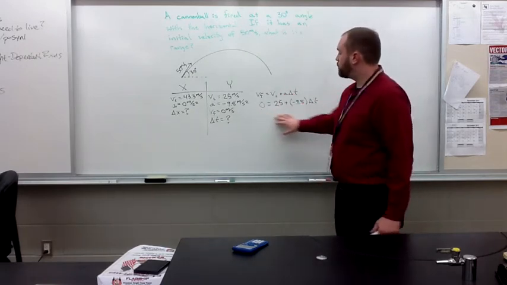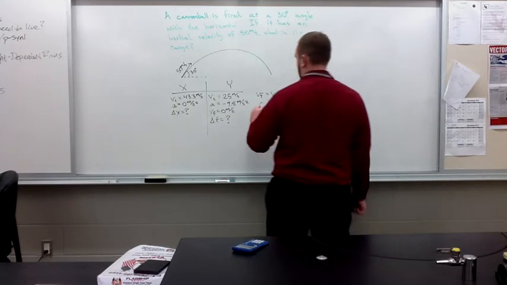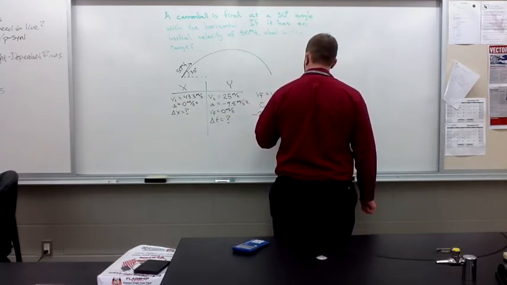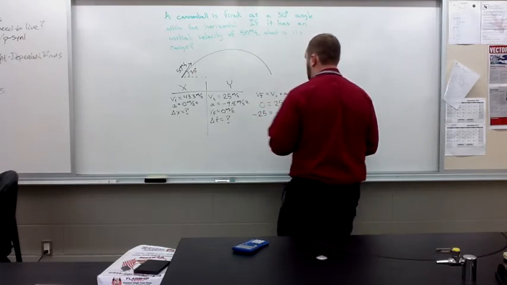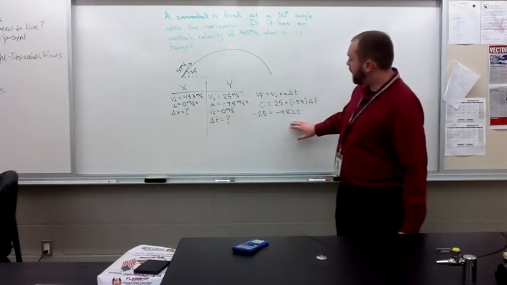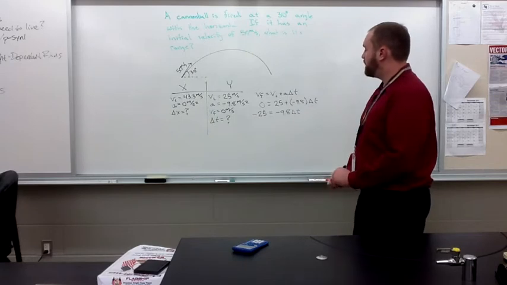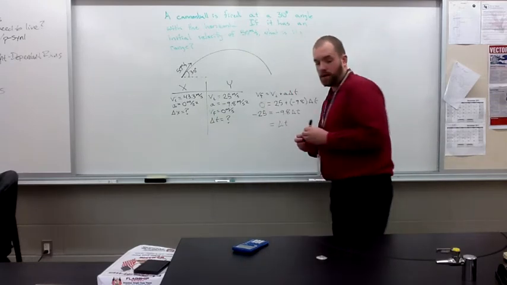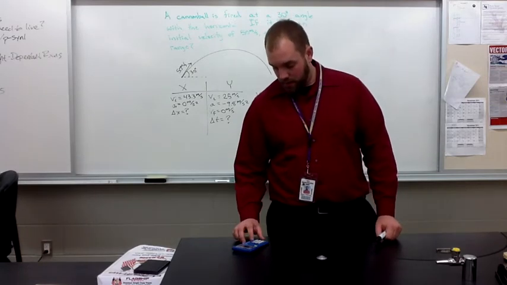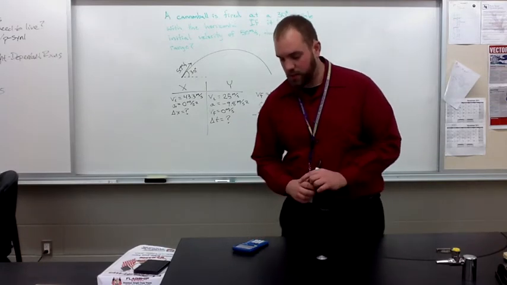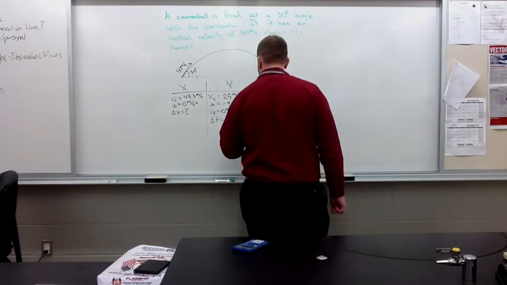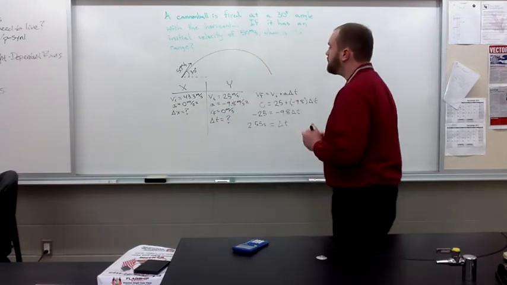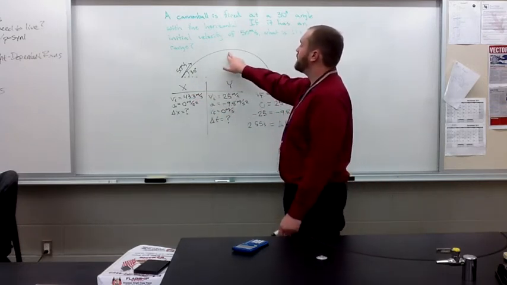I would subtract 25 from each side. Negative 25 equals negative 9.8 times delta t. And then I divide both sides by negative 9.8. So negative 25 divided by negative 9.8 gives a positive answer of 2.55 seconds. So that's how much time it takes to get to the top here.